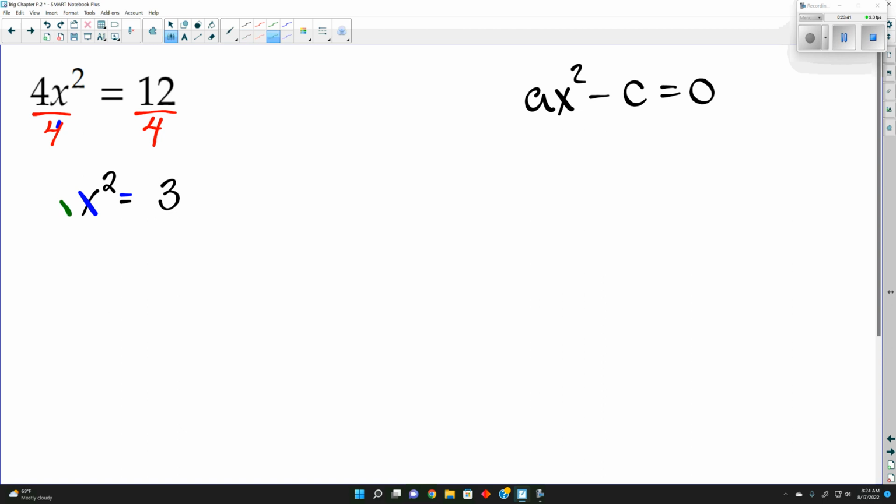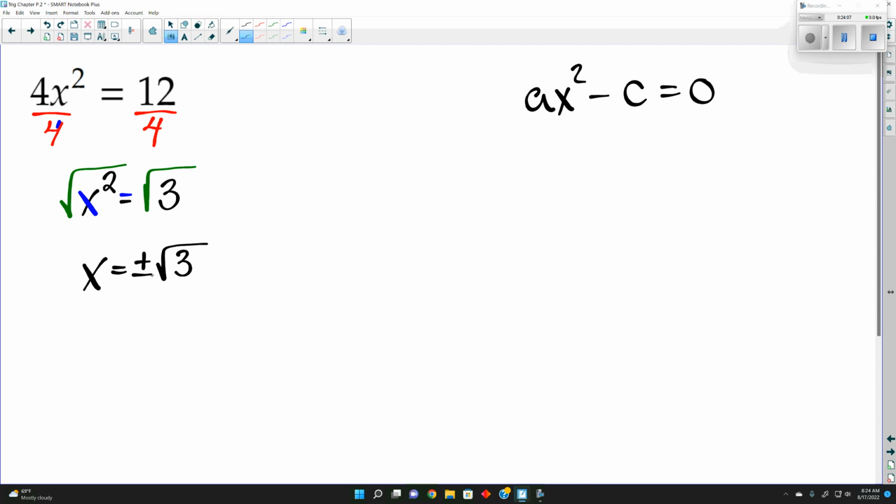And at this point here, we can square root both sides. And the square root of x squared is x. Is equal to, well, square root of 3 doesn't simplify. We can't find a whole number or a natural number or an integer that when multiplied by itself gives us 3. But the only other thing we need to do is add the plus or minus.